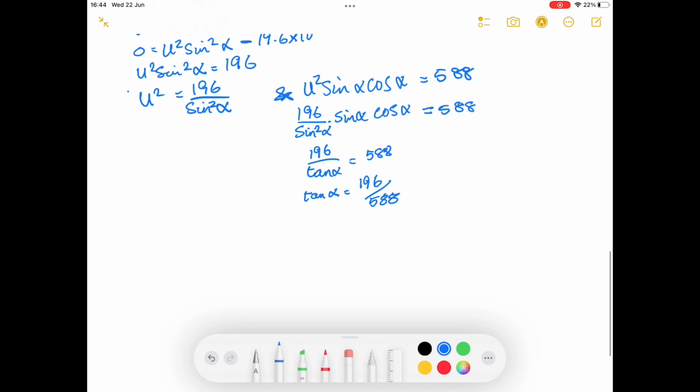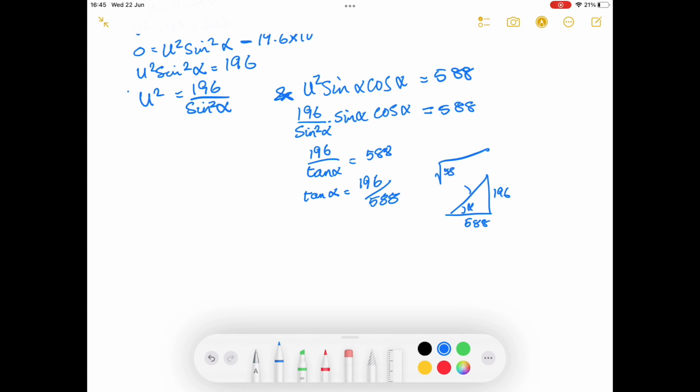Using a triangle and Pythagoras, you can work out the hypotenuse. So that's what we need to do: the square root of 588 squared plus 196 squared.